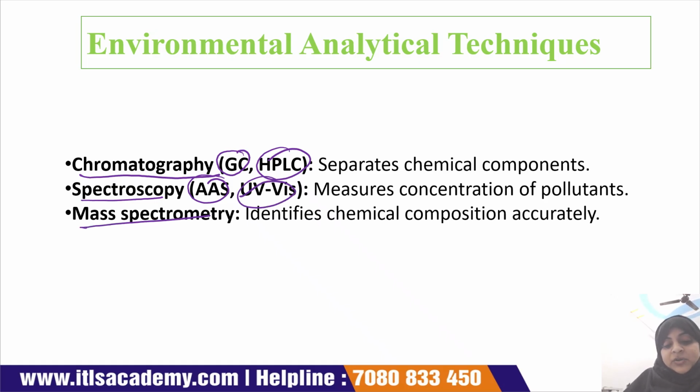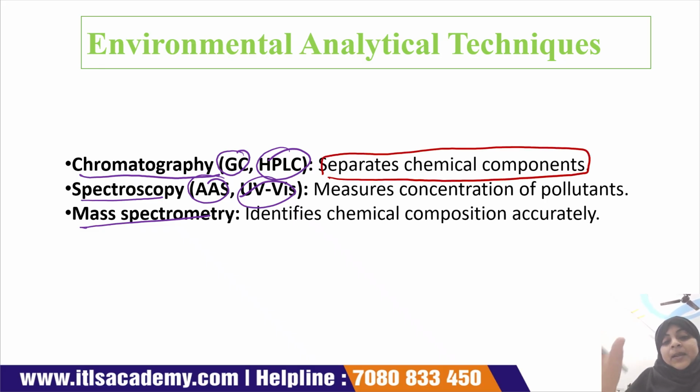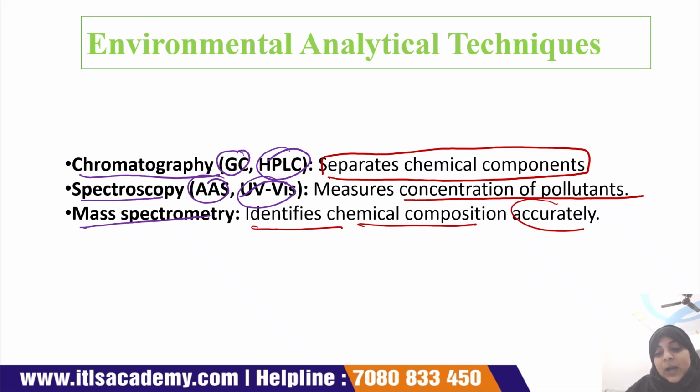The first one, chromatography, separates the chemical components present in the environment. Spectroscopy is used for measuring the concentration of the pollutant, meaning the amount of pollutant present in the environment. Mass spectrometry is used for accurately identifying the chemical composition.